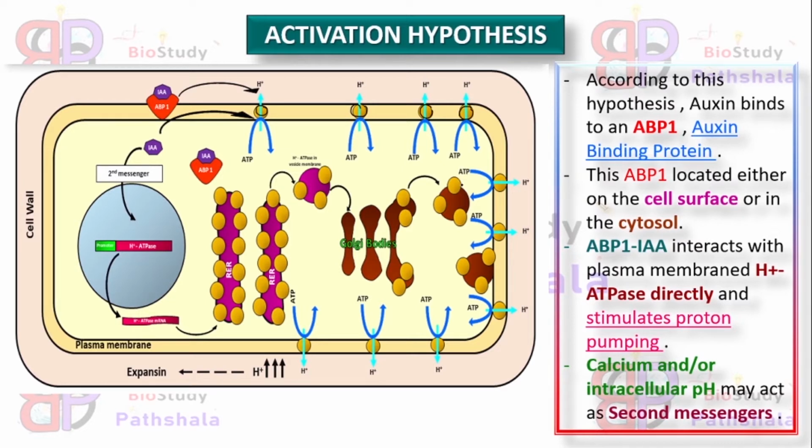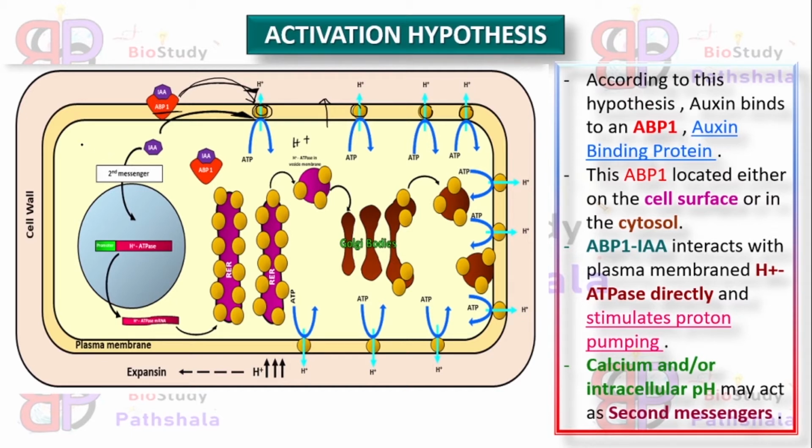According to this hypothesis, auxin binds to ABP1, that is auxin binding protein, and forms the ABP1-IAA complex, and this complex activates these H+ ATPase channels. The activation of these H+ ATPase channels stimulates the proton pumping. That is why the H+ ions which were in the cytoplasm are extruded to the cell wall portion.